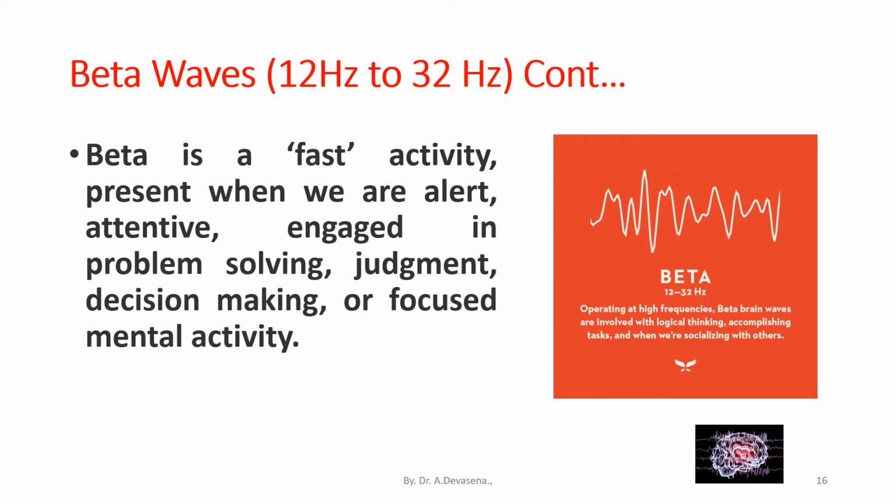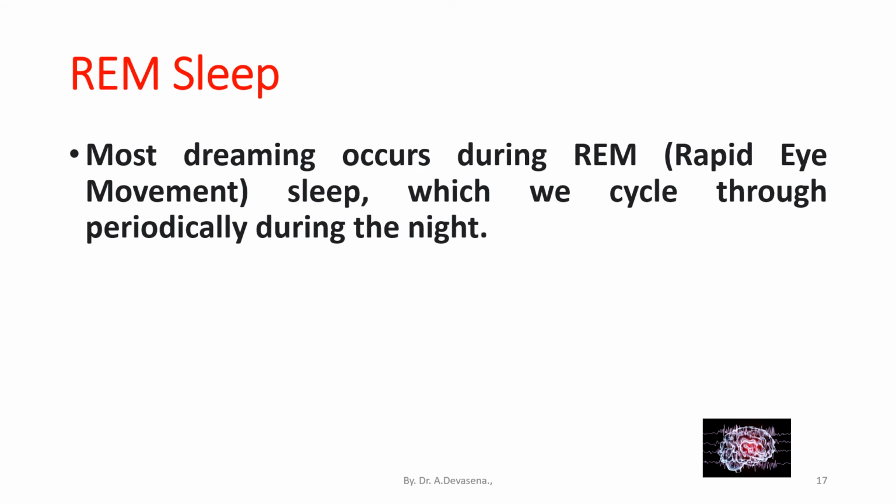Beta is a fast activity present when we are alert, attentive, engaged in problem solving, judgment, decision making, or focused mental activity. REM sleep. Most dreaming occurs during REM, that is rapid eye movement sleep, which we cycle through periodically during the night.